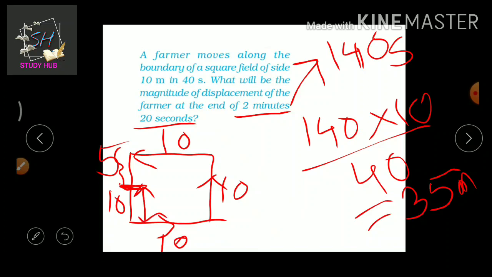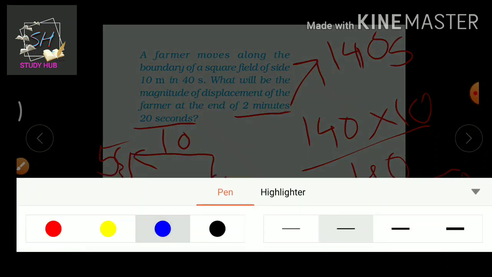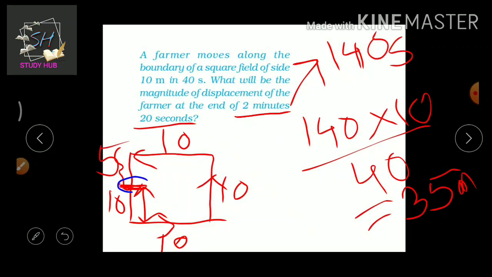So this is the shortest path to reach this point. So this distance, which is 5 meter, is the displacement here. Here we need to find the magnitude of displacement, only magnitude, not direction. So the magnitude is 5 meter because this is the shortest path to reach this point.